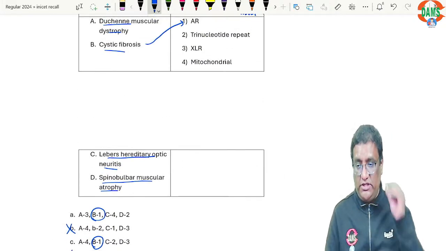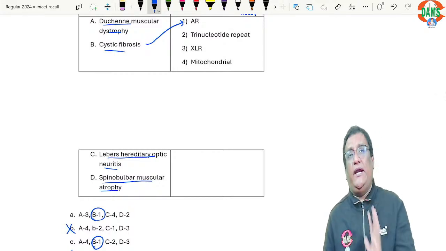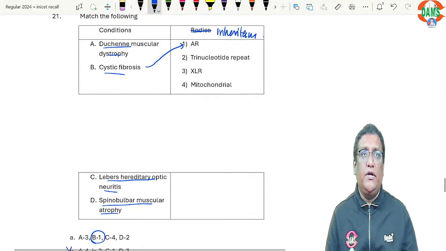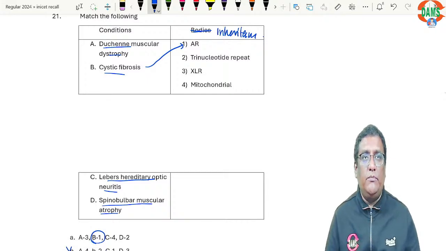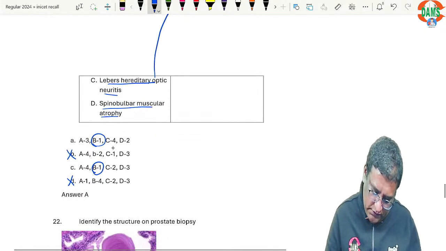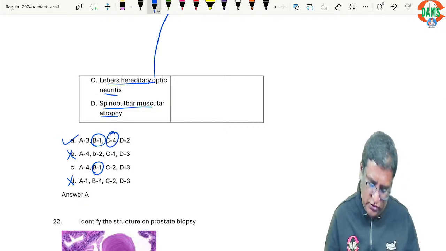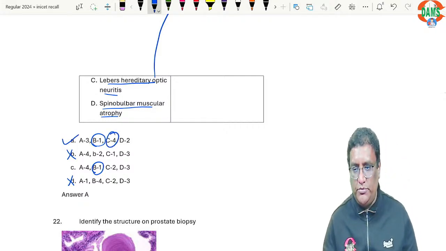Yeah, inheritance was given. In the question, even if only NF was given, I will still mark it as correct, as in the previous question. Okay, then Leber hereditary optic neuropathy is mitochondrial. C is 4. This is correct. So the answer is option A.